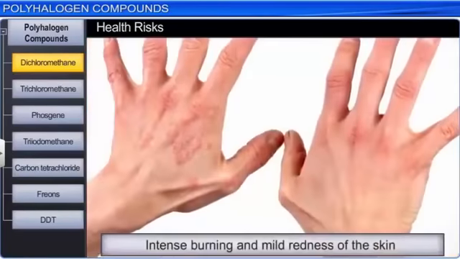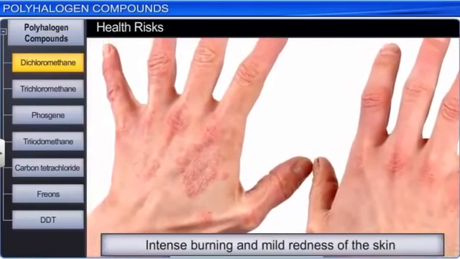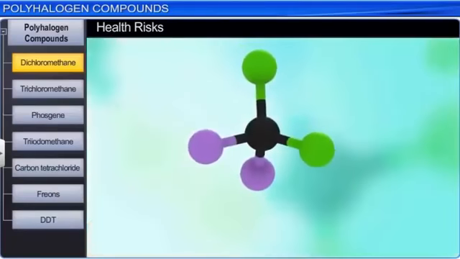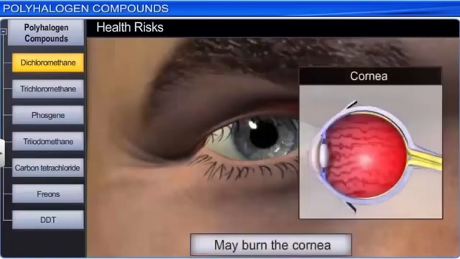The skin may experience an intense burning sensation and mild redness if it comes in direct contact with dichloromethane. If dichloromethane comes in direct contact with the eyes, it may burn the cornea.